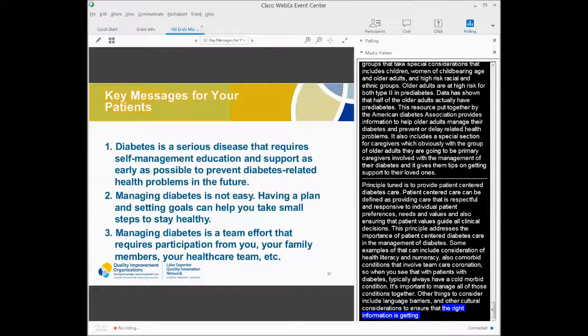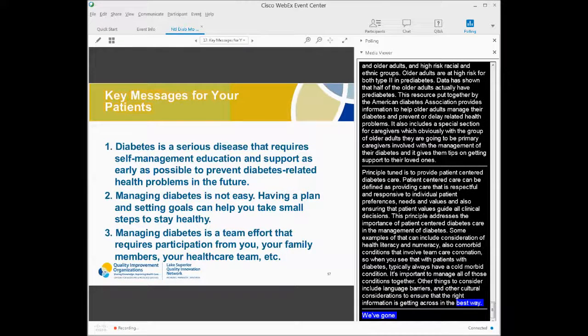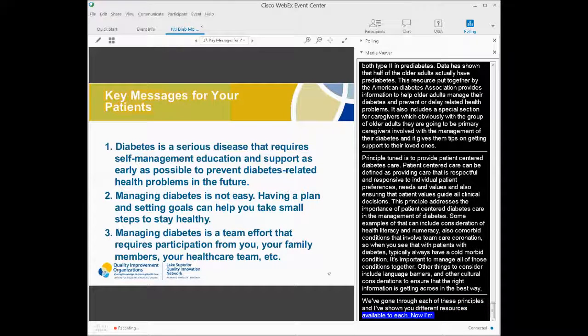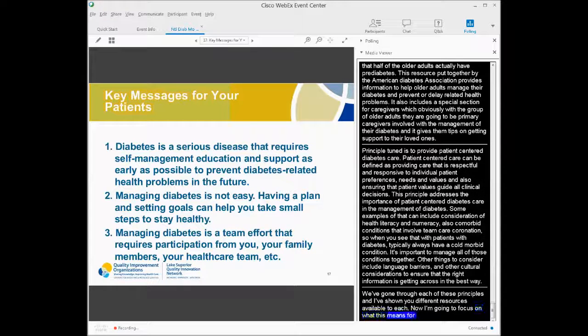So we've gone through each of these principles, and I've shown you different resources available related to each. So now I want to focus on what this means for the patient with 3 key messages that a provider can relay to them.